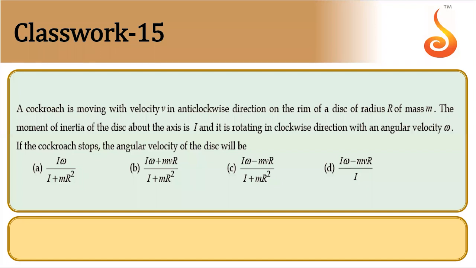If the cockroach stops, the angular velocity of the disk will be? So the disk is rotating in clockwise direction, the cockroach is moving in anti-clockwise direction. Note down the problem, we shall take it to the next slide to solve it.